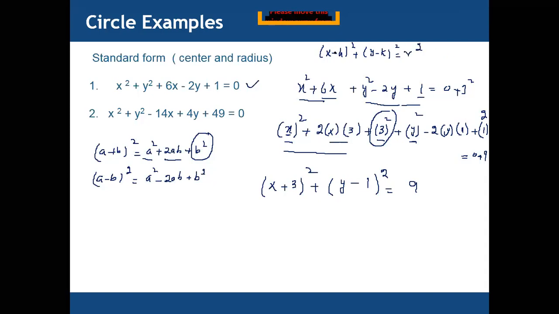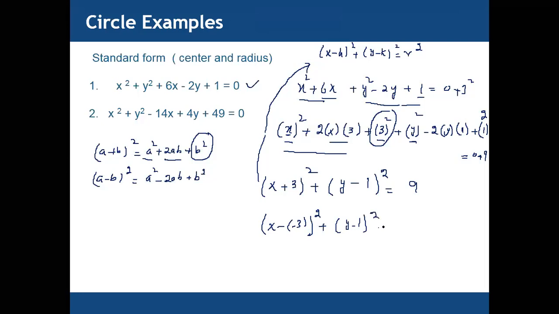We have minus in x minus h and y minus k, but here we have plus, so we must write this in standard form with the minus symbol. So we can write this as x minus minus 3 whole square plus y minus 1 whole square equal to 9.